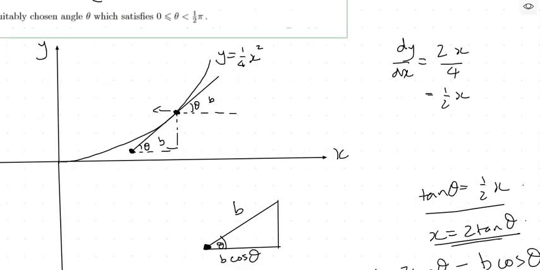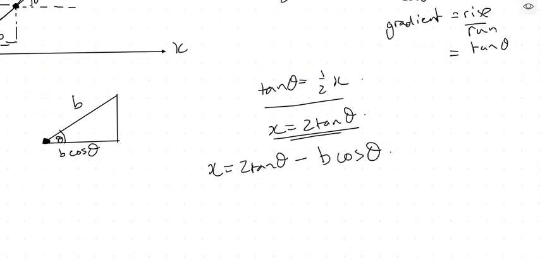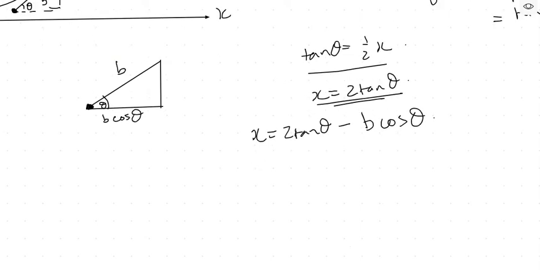So let's find out what the y coordinate is. To find the y coordinate at the point of the tangent, we simply put x as 2 tan theta into our original equation. So what is it? Y equals a quarter x squared. So if we put 2 tan theta in that, we get tan squared theta.